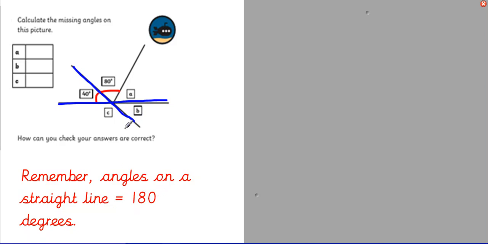Okay, so I think that the easiest angle here to calculate would be A. Once you've calculated A, I would then calculate C. So I would do A first, then I would do C, then I would do B. Okay, and B, you're going to have to subtract from 360 because it's not part of, oh, it is part of a straight line. It's part of the straight line with C. Okay, pause the video now and have a go.